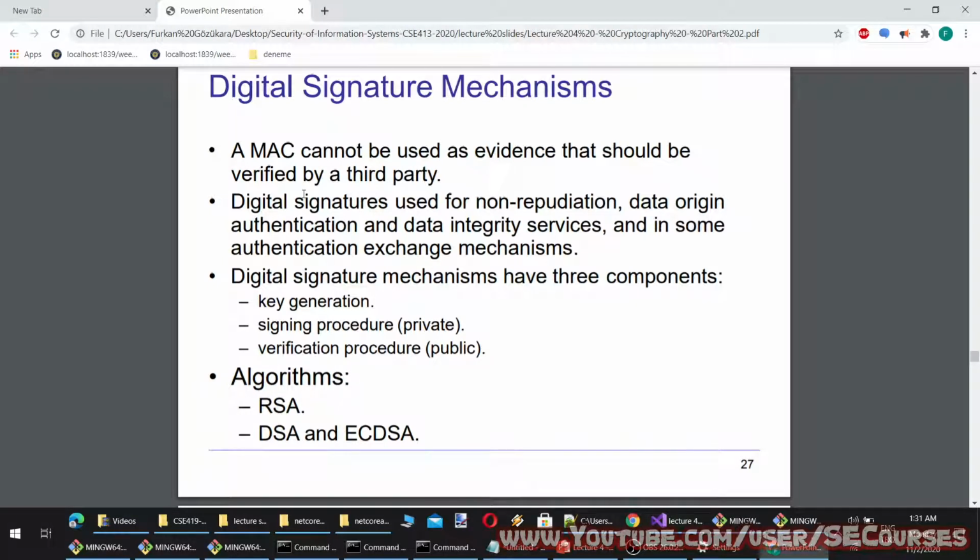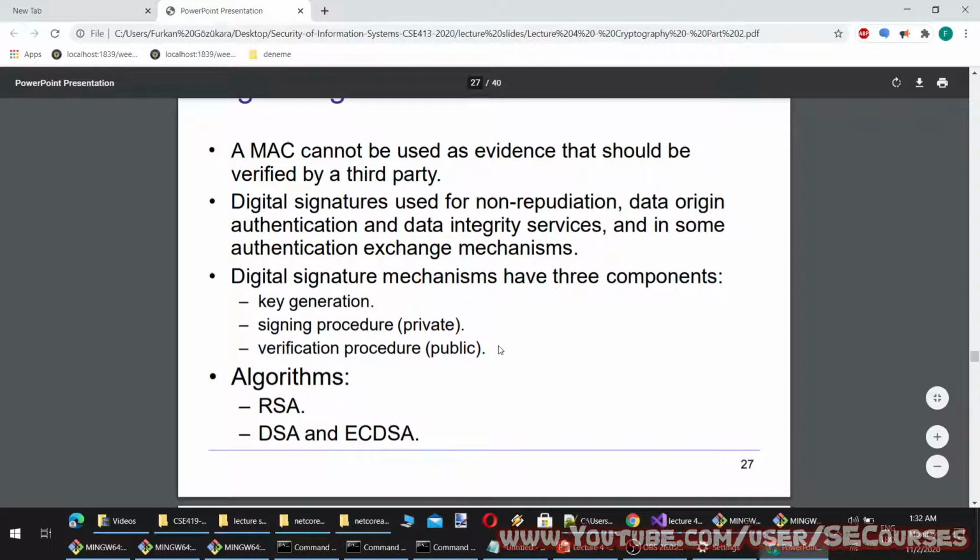However, you can't verify whether that originator sent that message. The receiver can also generate a fake message and claim that it was sent by the sender. You can't verify that because it could be generated by the receiver or sent by the sender. However, with a digital signature, you can verify whether the sender was actually the sender or not.